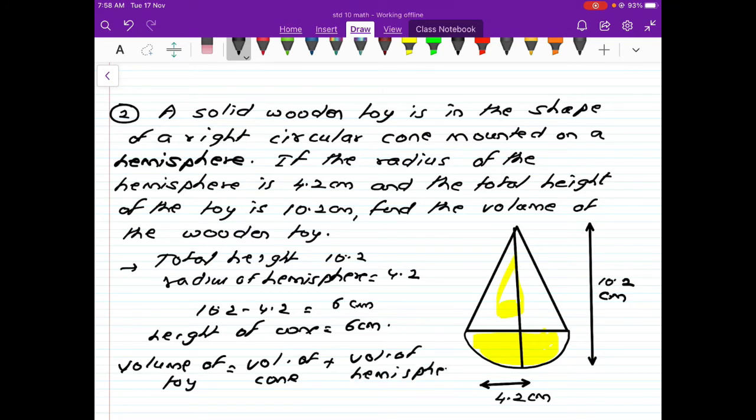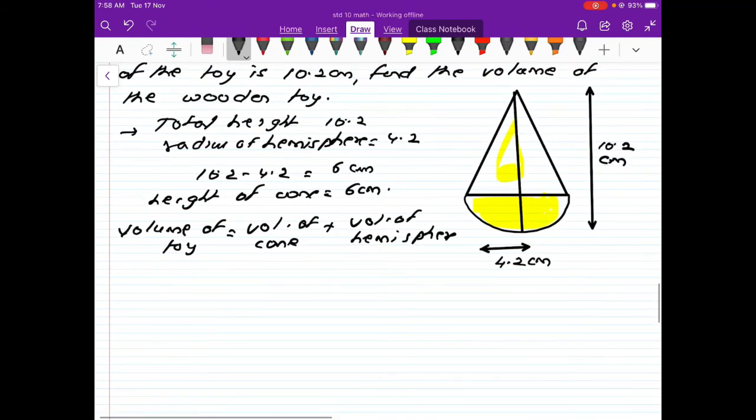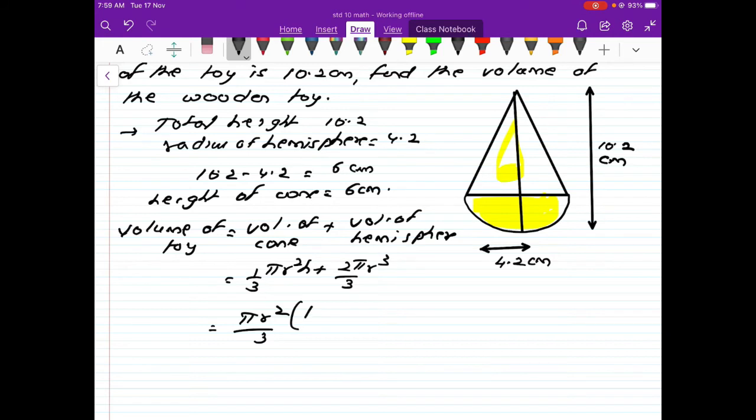So we'll just club this and see what happens. What is the volume of the cone? It is 1 upon 3 pi r square h, and volume of hemisphere is 2 upon 3 pi r cube. So we can club pi r square upon 3, and inside remains h plus 2r. Things will become easy if we club this.